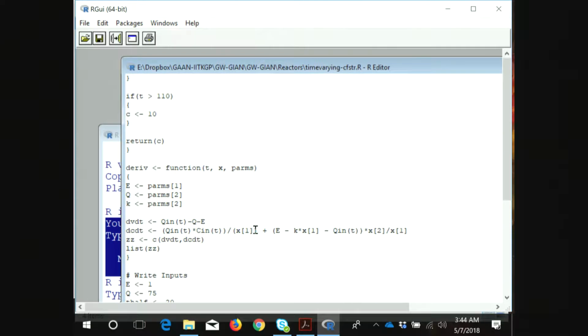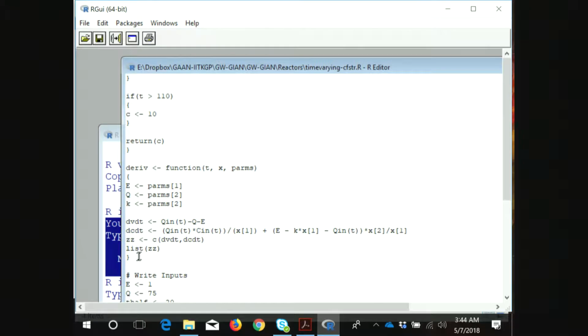The only thing is x, since x is what I'm using here for my dependent variables, the state variables: x1 is my volume, x2 is my concentration. So anytime I have to use concentration, I use x2. Anytime I use volume, I call it x1. So then I combine these two, and then I list it out.